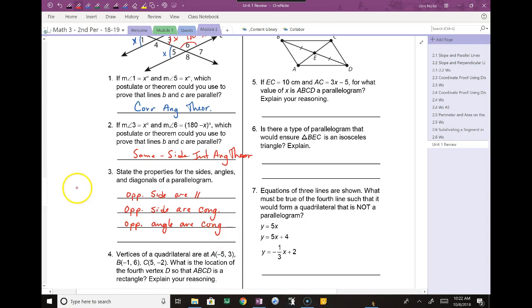If you think about a parallelogram, just draw a generic diagram. Now don't assume I ever draw anything to scale, but you can kind of tell here that the diagonals are going to bisect each other.